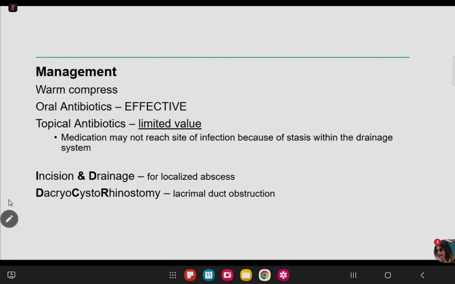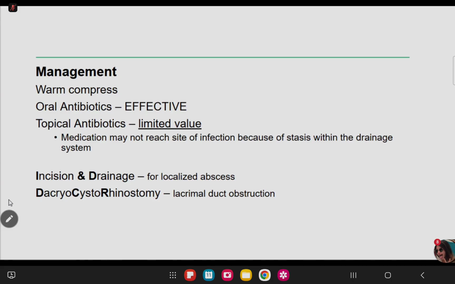The management, we usually advise the patient's caregivers or the mothers to do warm compress every time there would be swelling up around the periorbital area. Apply warm compress for around 15 minutes, and we give oral antibiotics. We also treat it with topical antibiotics, however, it is of limited value.